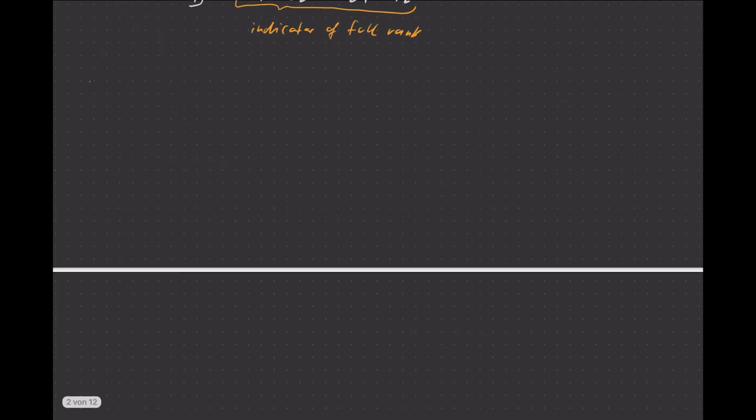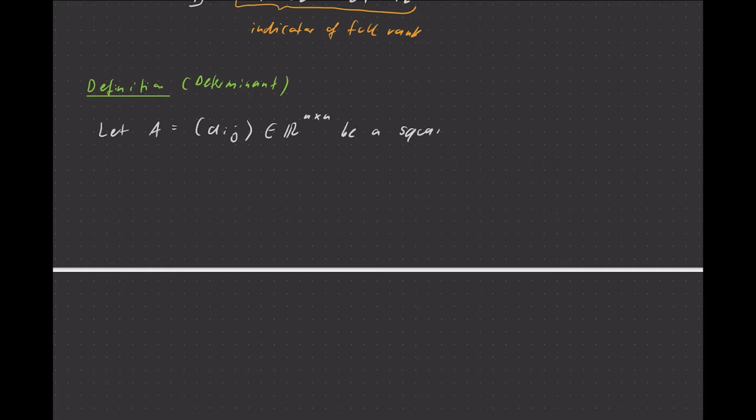So let's first have the formal definition. Let's say we have a matrix A with components Aij that is a square matrix, so n by n. And the determinant is only defined for square matrices.